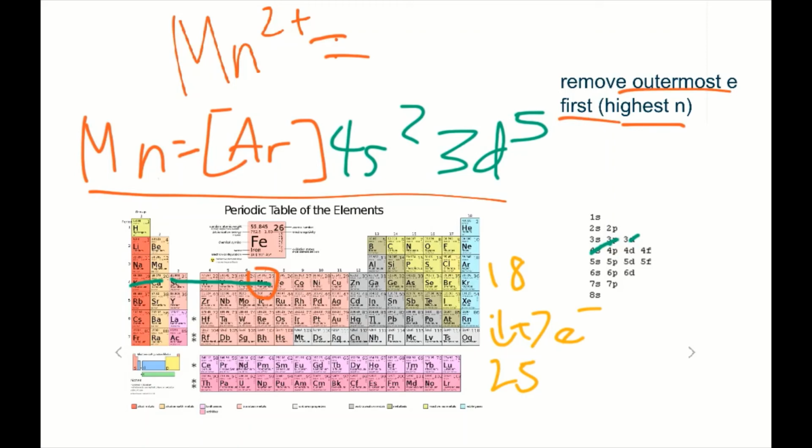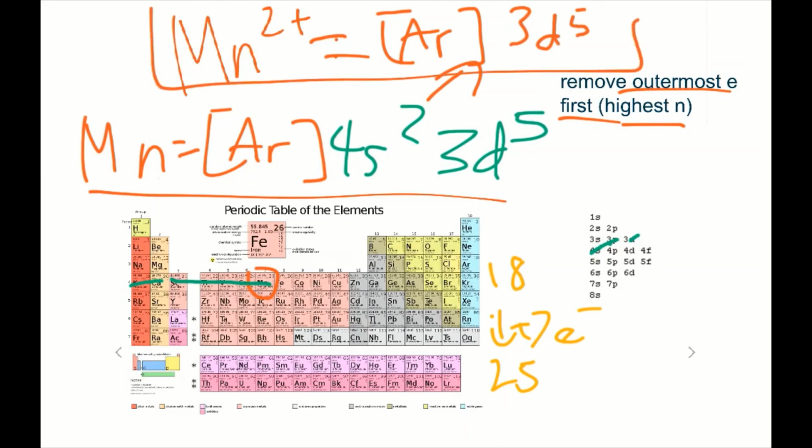And in this case, the outermost electrons are going to be the 4s electrons, so we have to remove 2 of them. So in the end, manganese 2+ will have an electron configuration of argon in brackets and 3d5. And that's our answer. Let me expand this and write out the actual electron configuration separately.